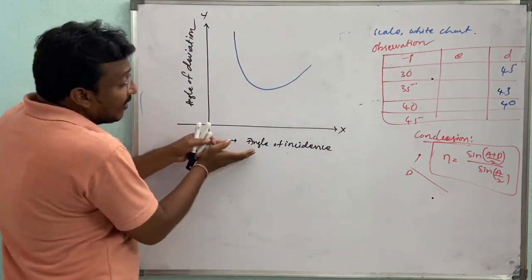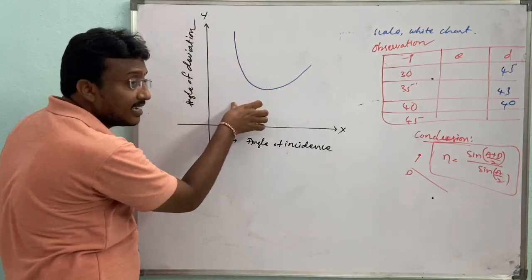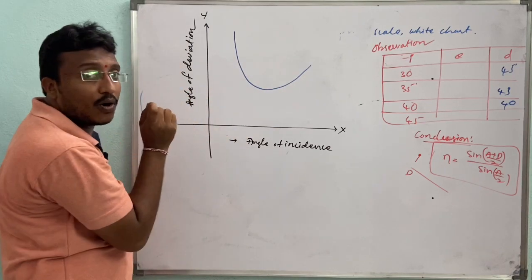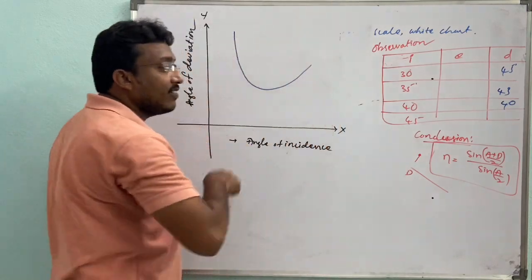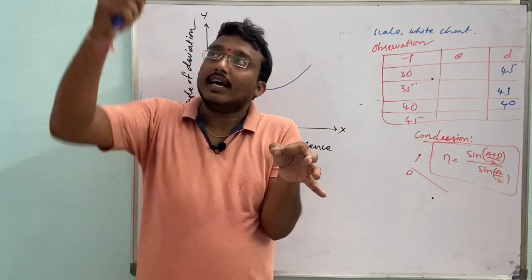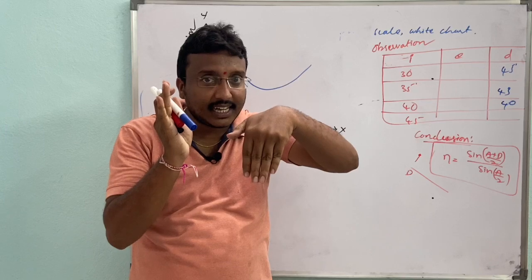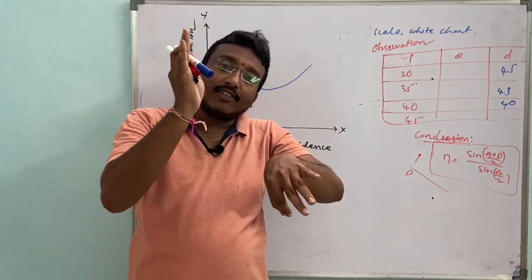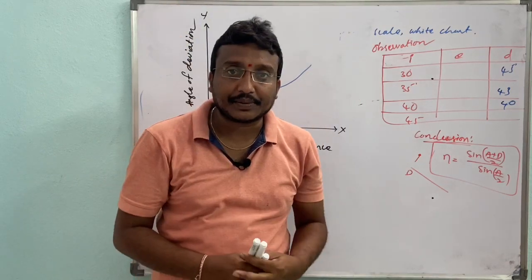Here, if the angle of incidence increases, the angle of deviation decreases, and after reaching a certain point, again the angle of deviation increases along with the angle of incidence. Until reaching a certain point, as the angle of incidence increases, the angle of deviation decreases, and after that particular point both the angle of incidence and the angle of deviation are increasing, right.